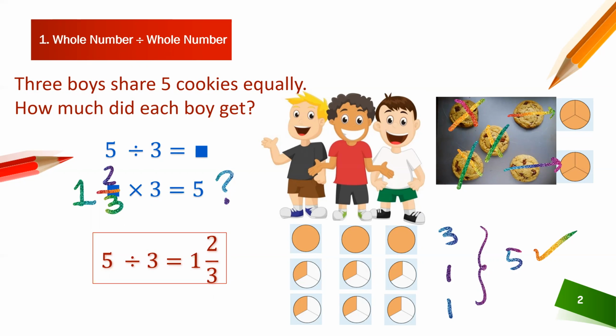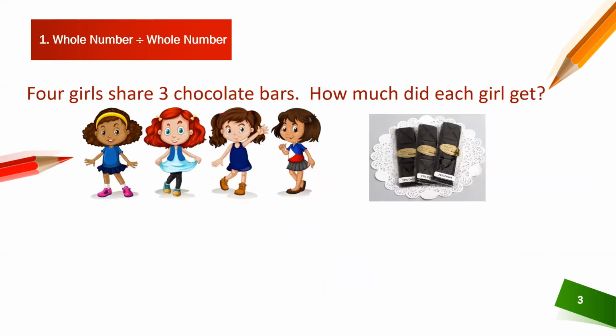All right, so let's again take a look at a whole number divided by a whole number. But in this case, the scenario is a little bit different, right? You only have 3 chocolate bars and you are going to split them among 4 kids. So how does that happen? Well, you take each individual bar and give each one of them a quarter.